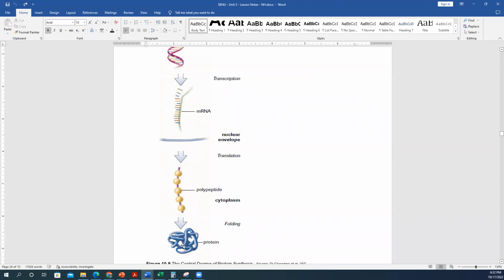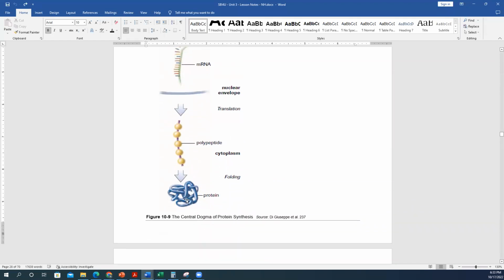and becomes an actual working protein, carrying out a specific function, whether it's an enzyme catalyzing a certain reaction, or it's a transporter protein, transporting things from one side of the membrane to the other. It's a protein that actually carries out a specific function, be it a structural protein, a catalytic protein, a transporter protein. It has a special function in the cell.